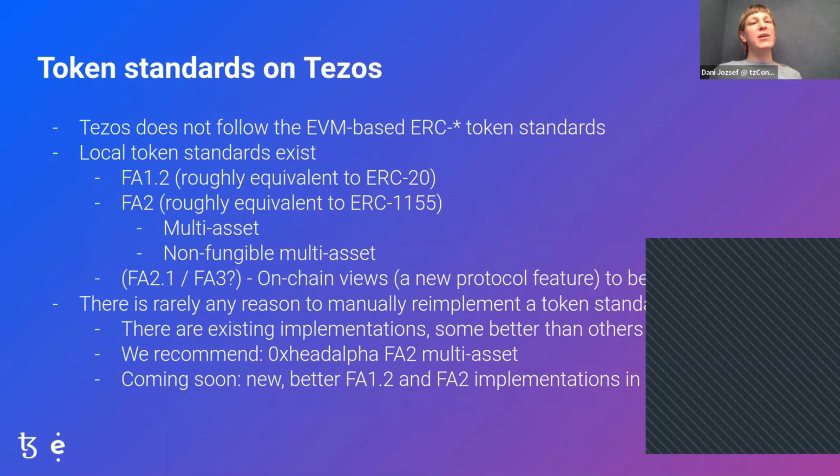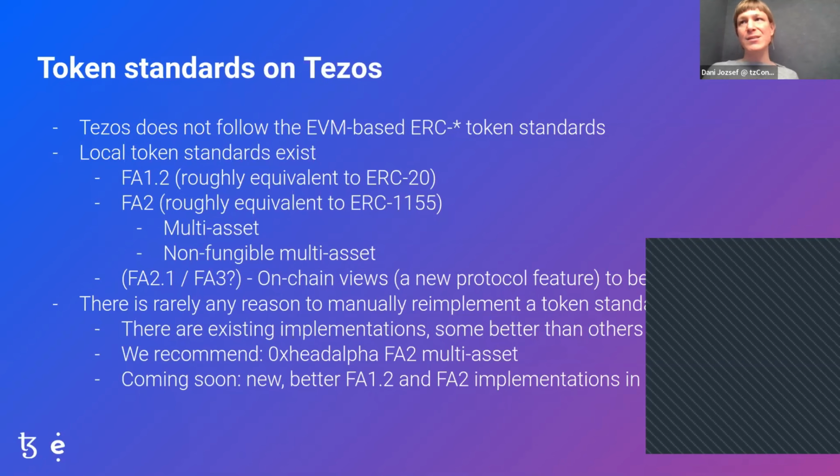A few words about token standards. So Tezos is not an EVM chain, which means it does not have ERC20 tokens. But there are Tezos token standards which are roughly equivalent. There is FA 1.2, which is roughly equivalent to ERC20, and FA 2, which is roughly equivalent to ERC 1155. So this is a multi-asset smart contract or token contract.